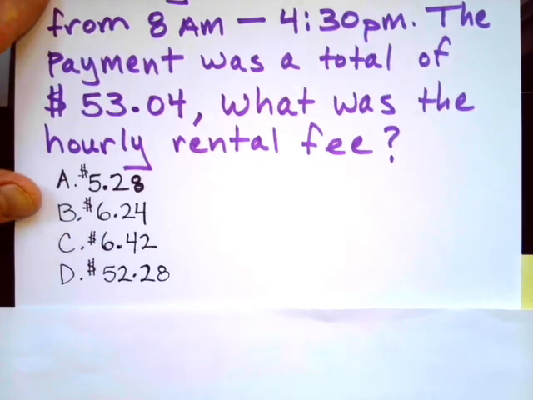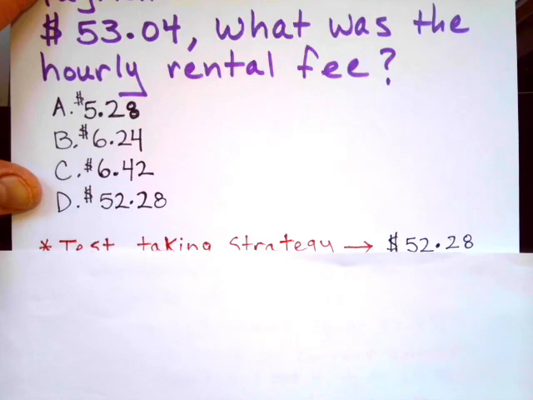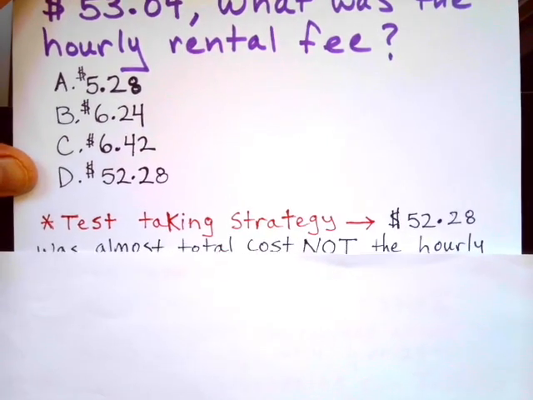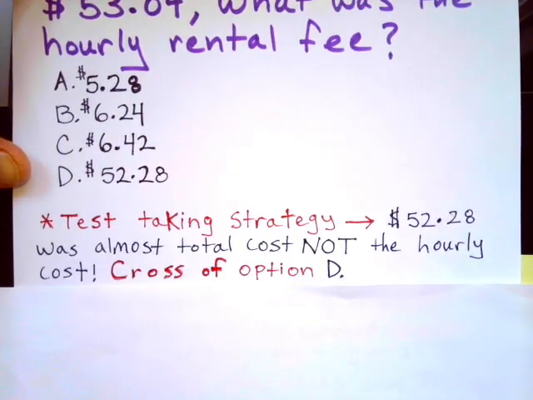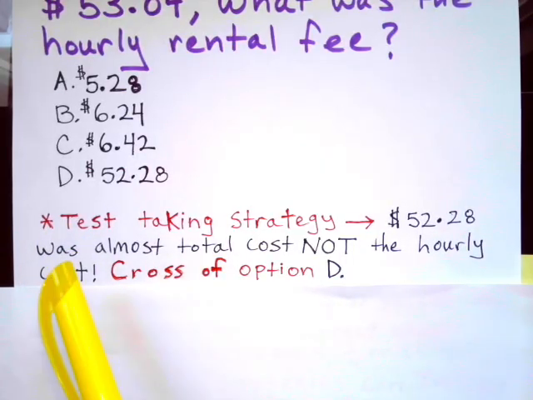I'm going to give you a couple of test taking strategies, some things to look for while you're taking this particular type of exam. Let's look at option D. This is a test taking strategy.